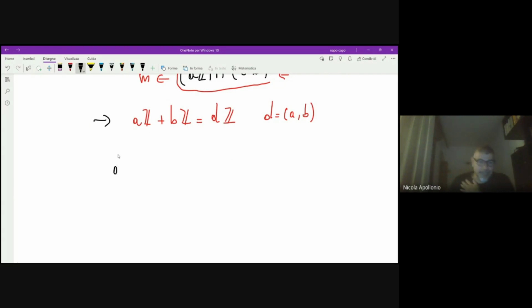We know that every common divisor of A and B divides any linear combination of A and B. Any linear combination and every linear combination.